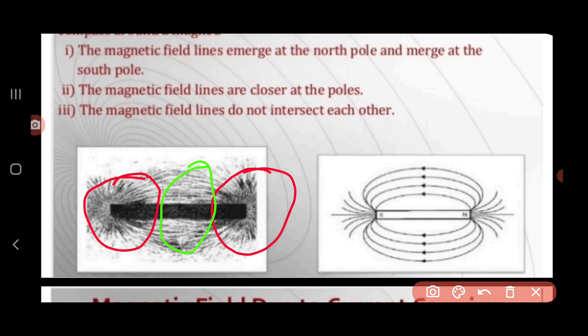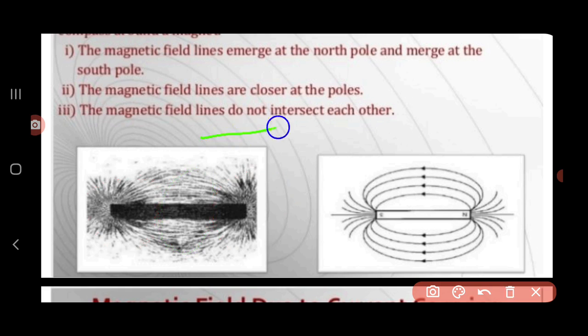As we move towards the middle portion, we see the number of pins decreasing. So that indicates that magnetic field strength is maximum at the poles and minimum at the middle.